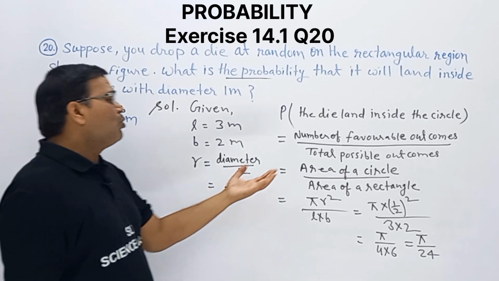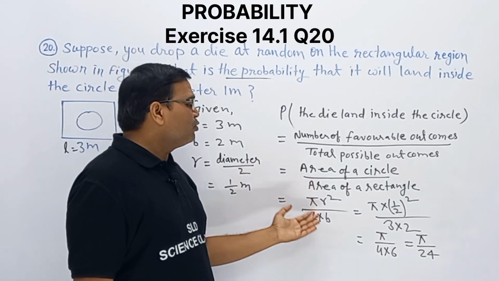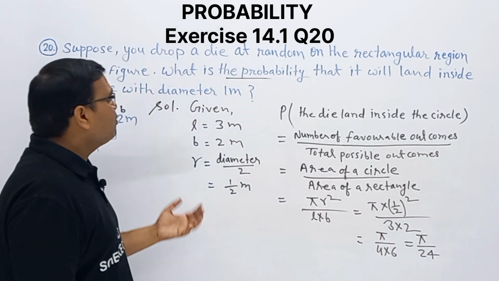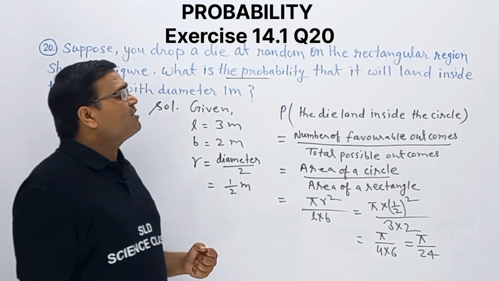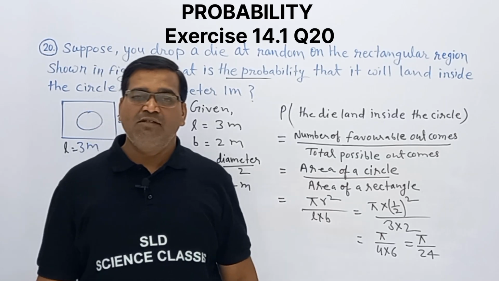We know both formulas, and we put in the values and solve. Then we get pi upon 24 as the required answer. So the probability of the die landing inside the circle will be pi upon 24. I hope you understand this question.